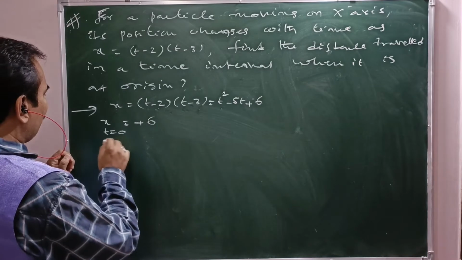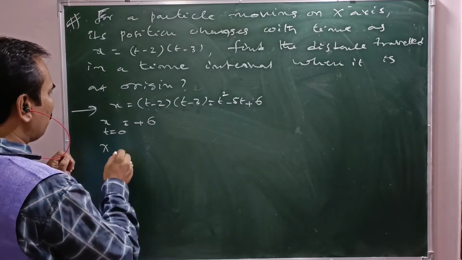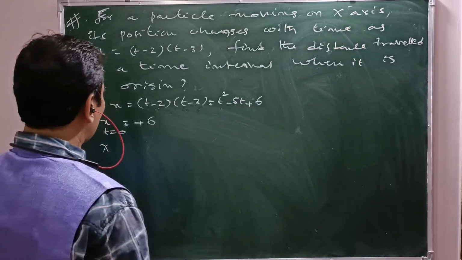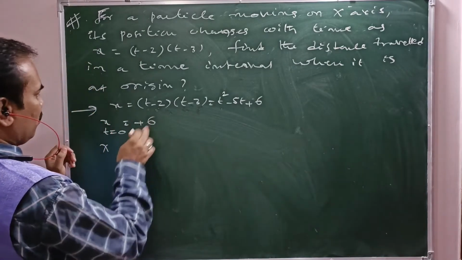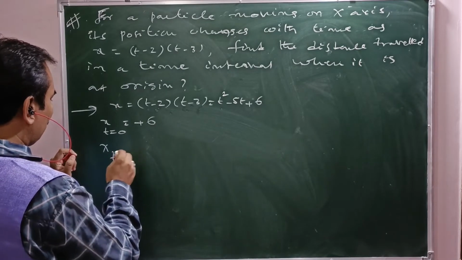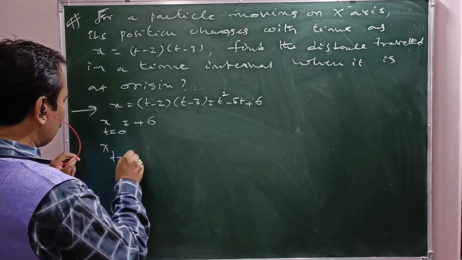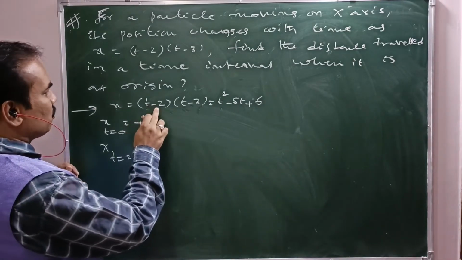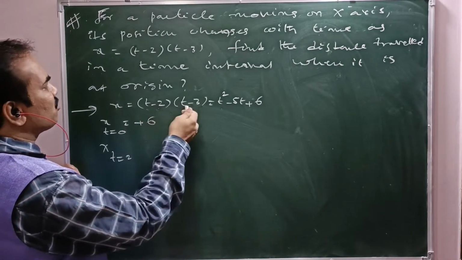Now let us check the position at t equal to 2 seconds. 2 minus 2 is 0, 0 into something is 0.